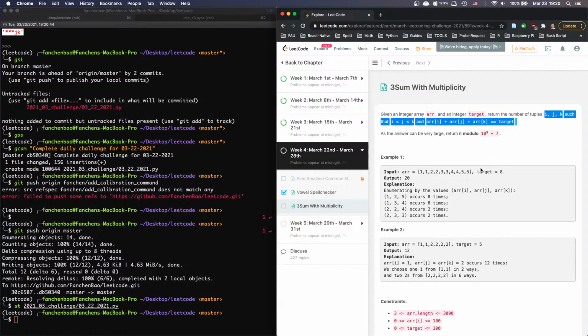So the question is basically the number of different ways to pick three indices that can result in a sum equal to the target. Okay, so we have simplified the problem a little bit. We remove a little bit of the distraction.